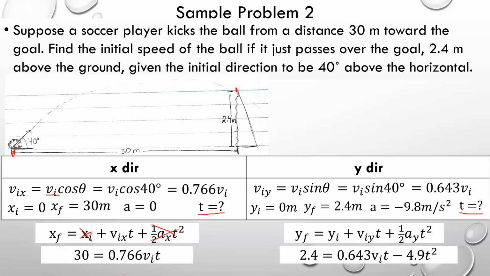So let's identify what we have. One of our unknowns is Vi. We have a Vi in this equation, and we have a Vi in this equation. And then our other unknown is t. We have a t in this equation, and we have t here and here in this equation.